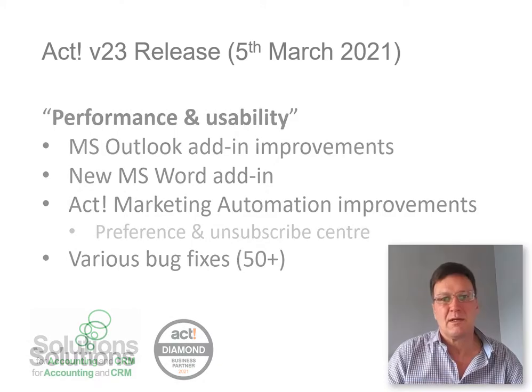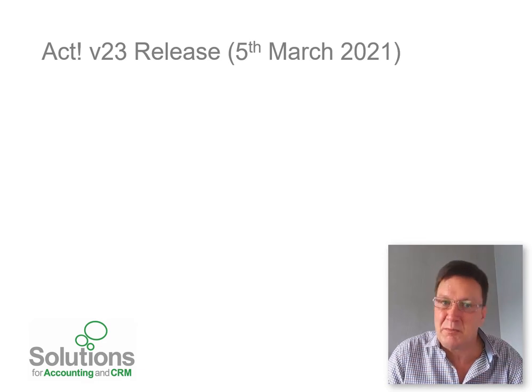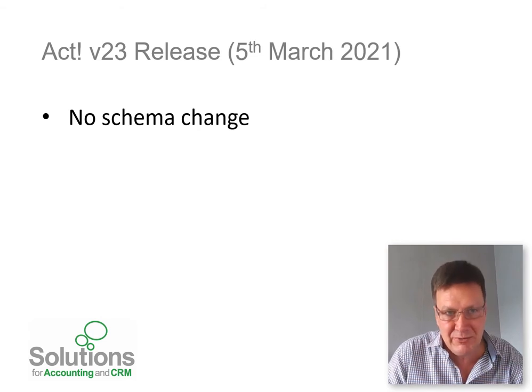Now, before we get into looking at those new features, just a few other simple points to make that are pretty important. The first one of these is that version 23 has no schema change. Now, if you're just using ACT Premium Cloud via the browser, that's not going to make a great deal of difference to your life.